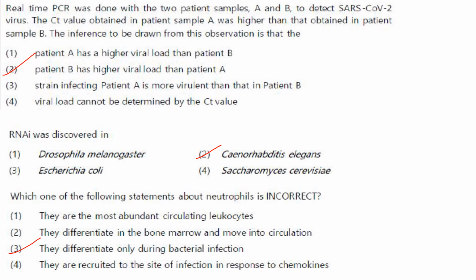Here the CT value obtained in patient sample A was higher, so higher CT value means lower amounts of nucleic acid, and sample B is having the lower CT value. So patient B is having a higher viral load than patient A. Answer is option 2.